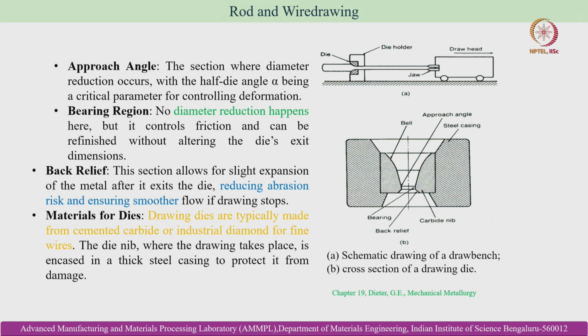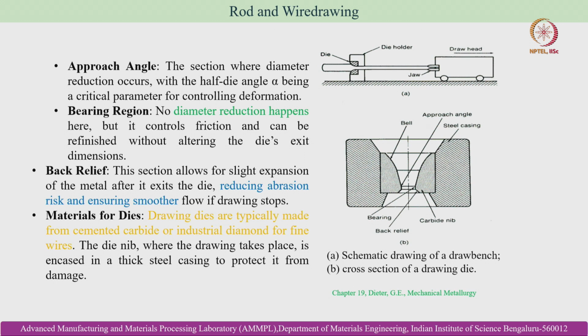After the bell section, this is the approach angle, the most vital region. This angle determines the amount of strain imparted on the workpiece rod or billet undergoing the wire drawing process.